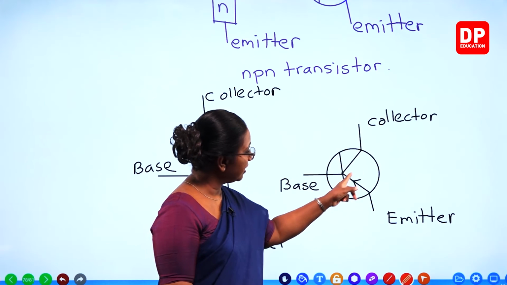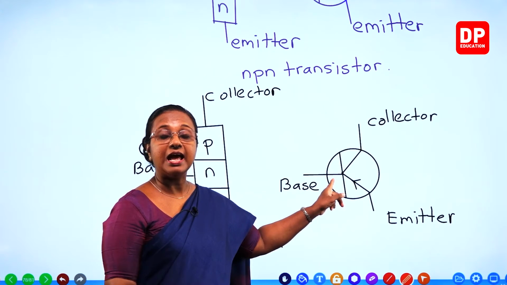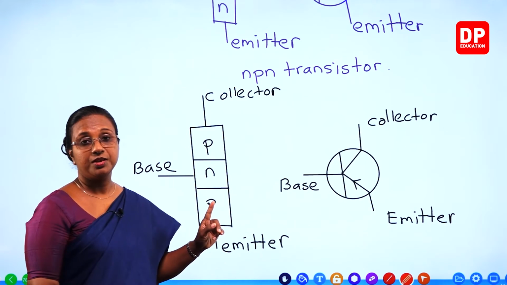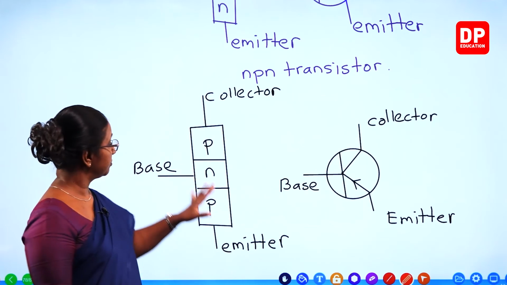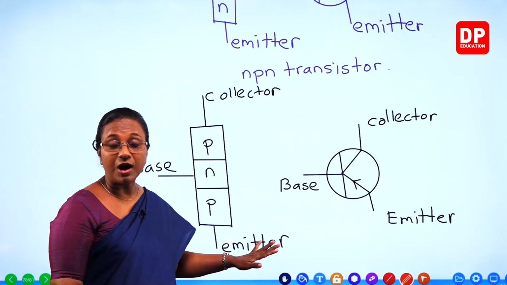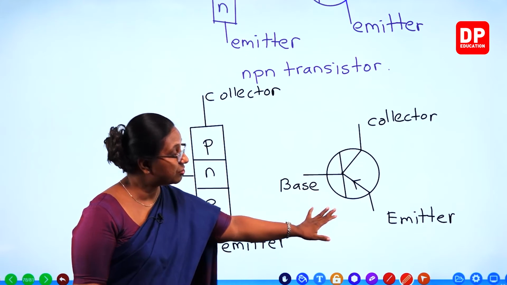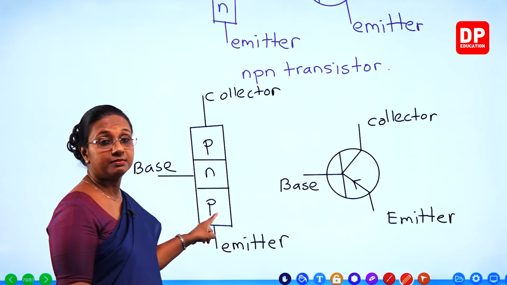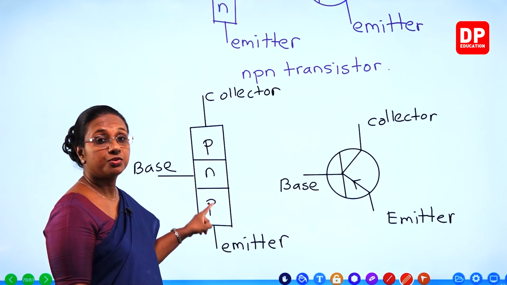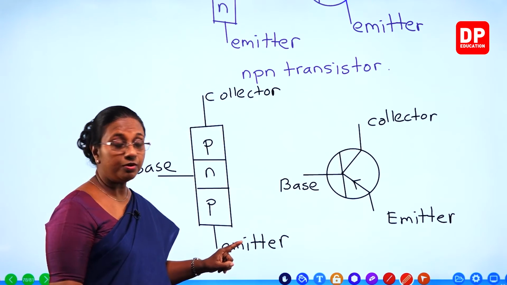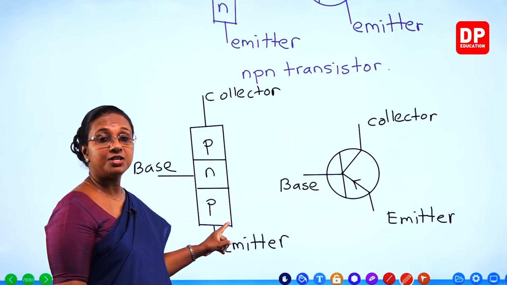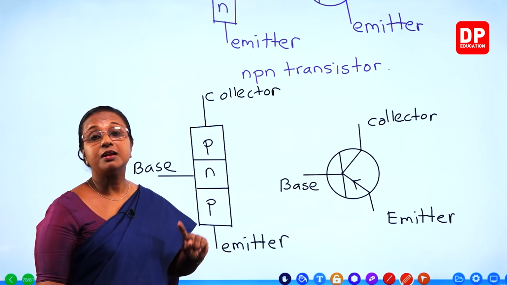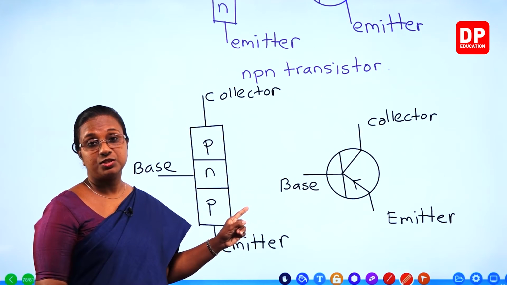We always identify the emitter from the arrowhead, and the direction of the arrowhead indicates the direction of the current flow. So instead of memorizing, students, if you understand this, then you can draw the circuit symbol correctly. So you know P, charge carriers are holes. So holes are the ones that are going to flow. They are positively charged. So when positive charges flow from emitter to collector, current also flows from emitter to collector.